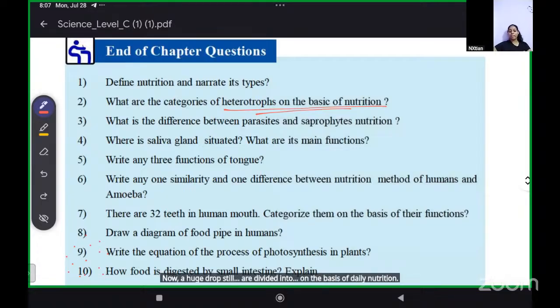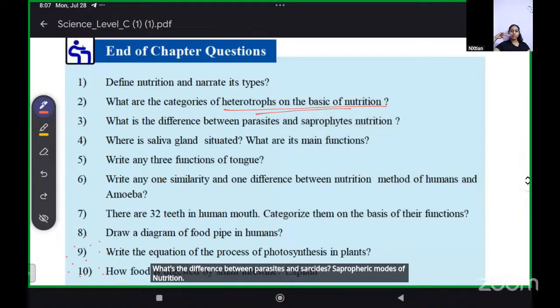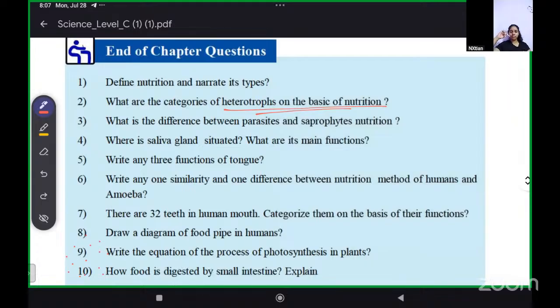What is the difference between parasitic and saprophytic modes of nutrition? Emma, what is the difference between parasite and saprophyte nutrition?